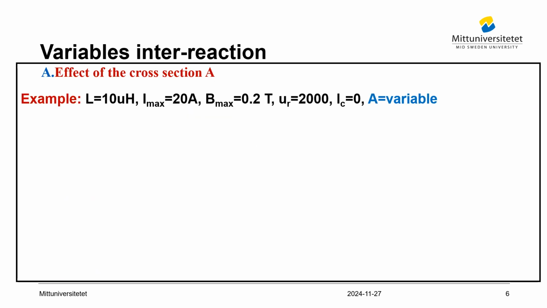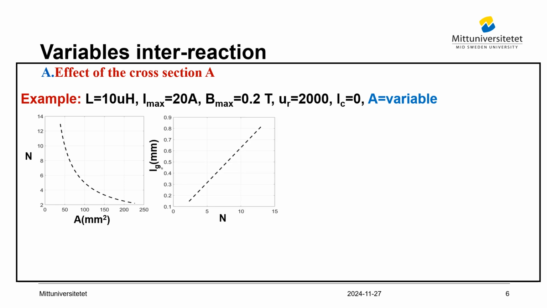To understand this interaction between these variables, we can go step by step, exploring the effect of each variable. Starting from this example, let's fix these conditions and consider the cross-section as a variable. According to the equations that we have presented in the previous slides, the number of turns will go inversely to the cross-section. However, as the number of turns changes, the air gap also changes in the same way.